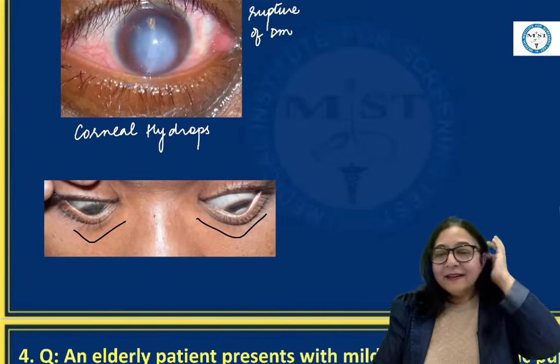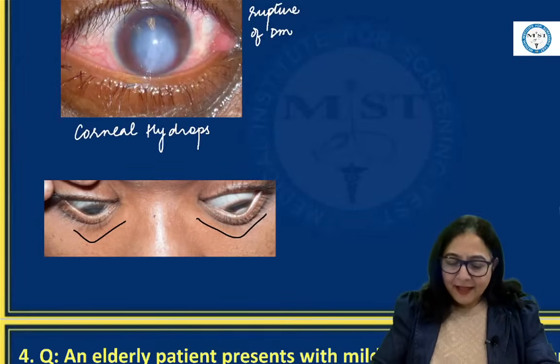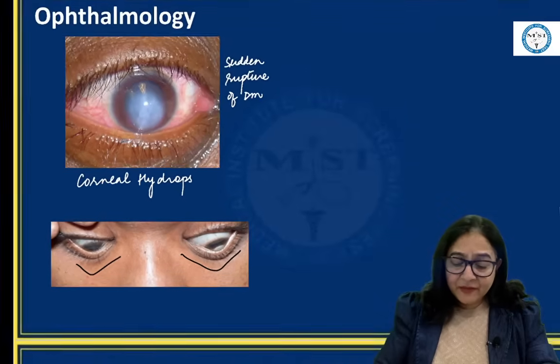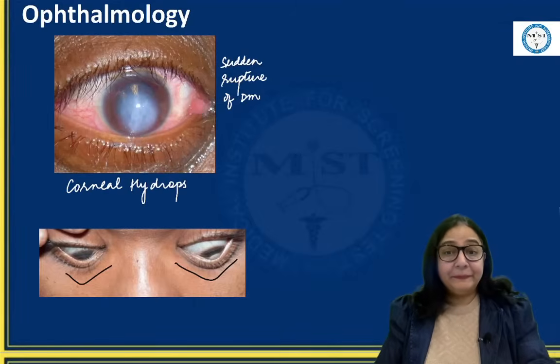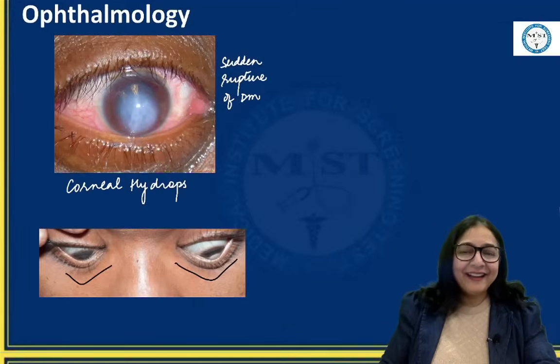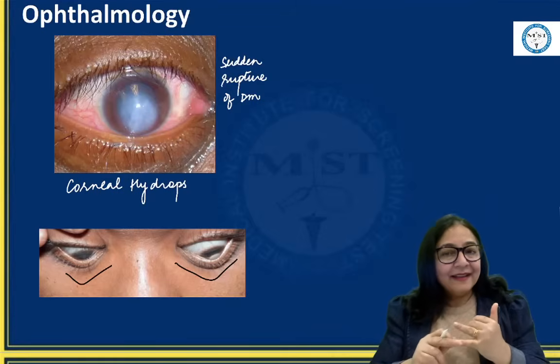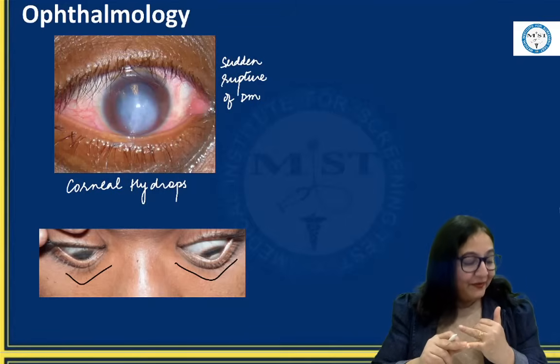Okay, so this was a clinical case scenario question related to keratoconus. If you want to tell me the other treatment options for keratoconus when it advances, because there have been questions related to that as well. So what are the other options? In early stages, to correct the irregular astigmatism, you are using RGP lenses, right?